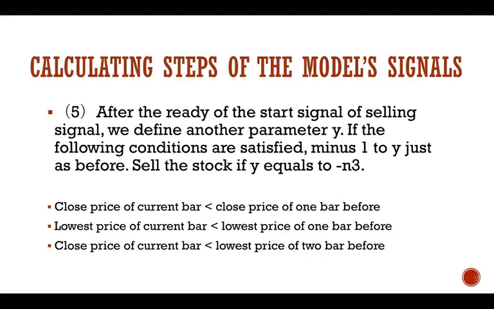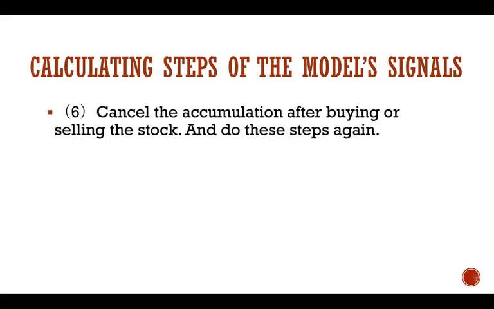After the start of selling signal is ready, we define another parameter y. If the following conditions are satisfied, minus 1 to y, just as before. Sell the stock if y equals minus N3. Finally, cancel the accumulation after buying or selling the stock and do these steps again.